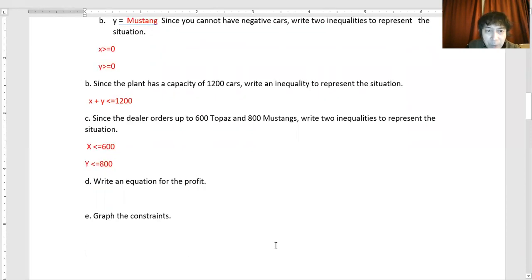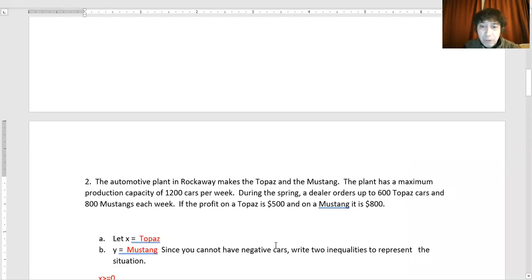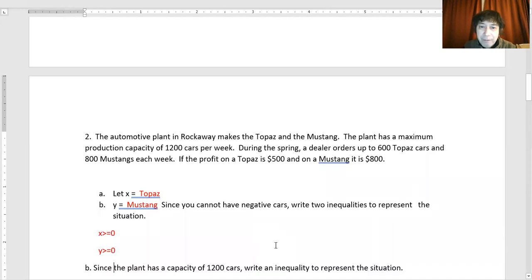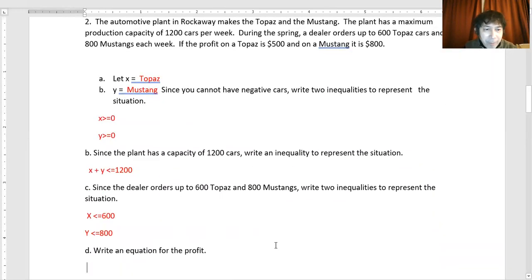Answer. Write an equation for the profit. How about the profit? How much is one Topaz car? For a Topaz car, it's $500, and Mustang is 800. So all we need to do is multiply 500 by X. $500 for a car, I guess these are old prices, because it's too small. This must be sometime about several decades ago.